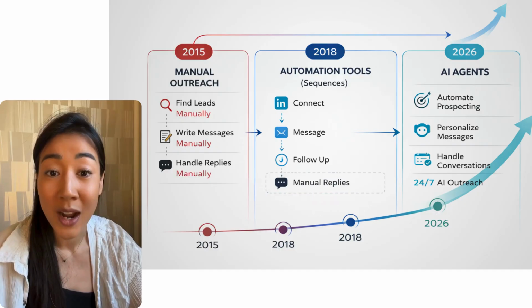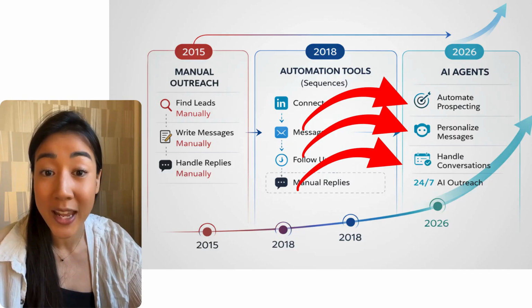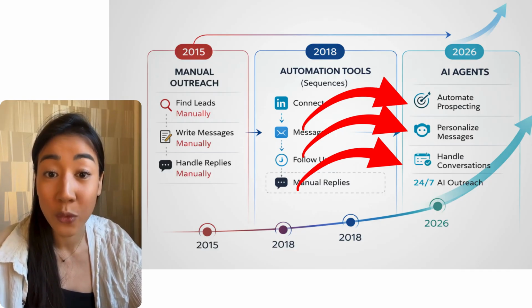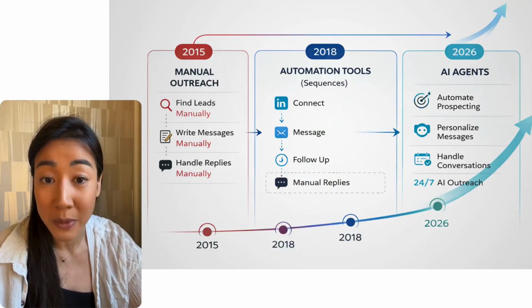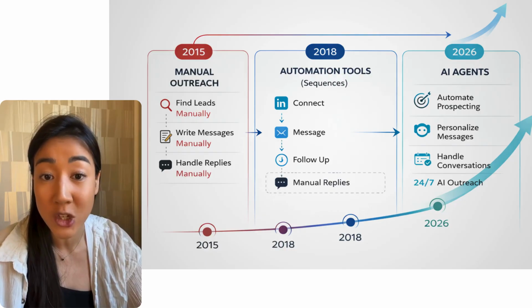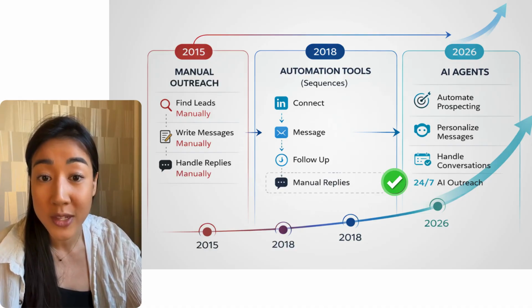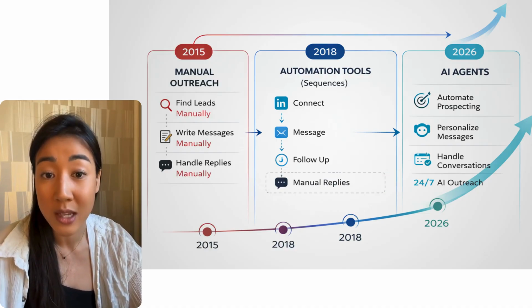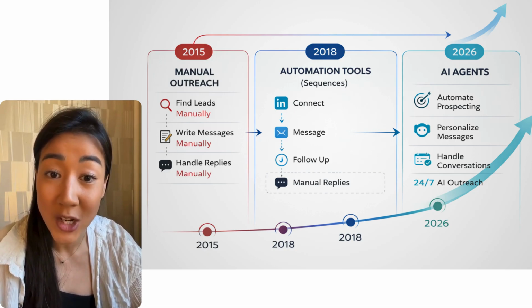And this is where we decided to build ScaliQ. So ScaliQ is a LinkedIn outreach AI agent that now can read full profiles on LinkedIn, understand what the person does, understand the company, generate contextual messages based on that, and then handle replies for you and also continue conversations when someone actually replied. So now here's how it works in ScaliQ and what the AI agent can actually do for you.